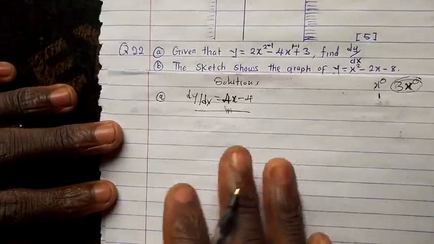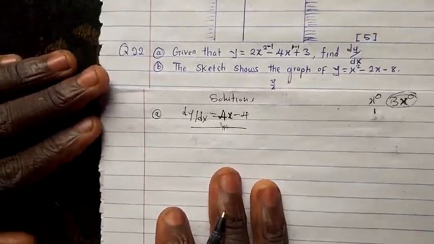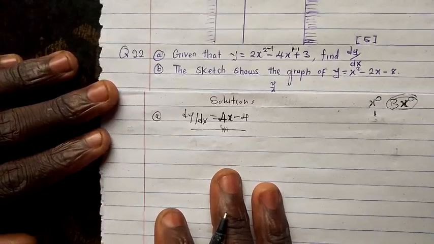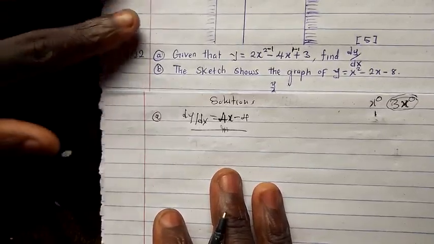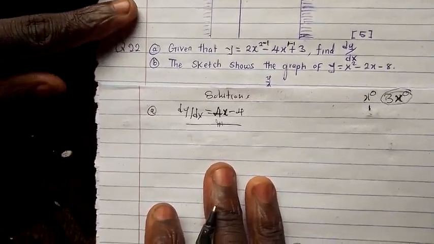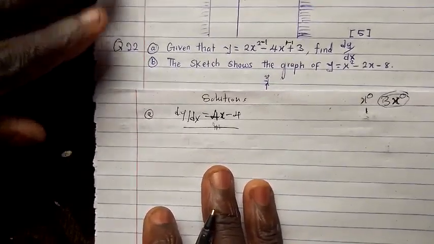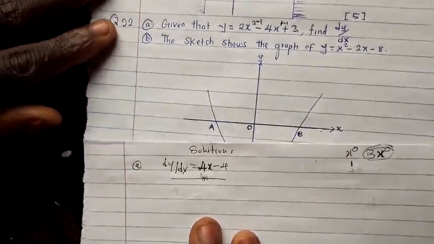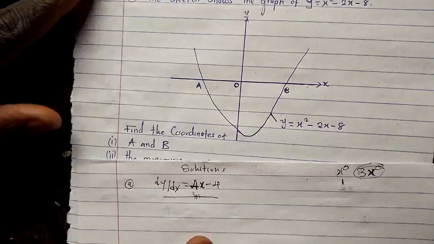That's all. Okay. So the next one, which is question B, saying the sketch shows the graph of y is equal to x to the power 2 minus 2x minus 4. So this is our graph.